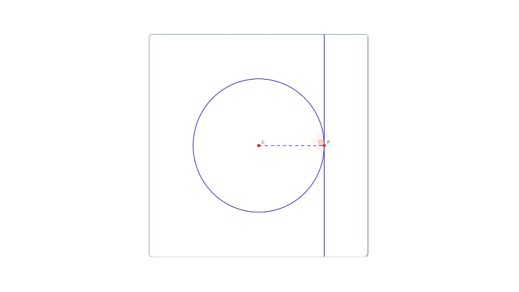Even if I move point P around the circle, the tangent line still only intersects the circle at one point and stays normal or perpendicular to that radial line at every single point on the circle.